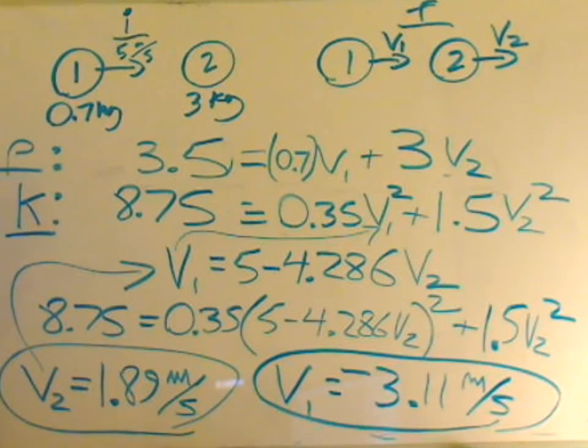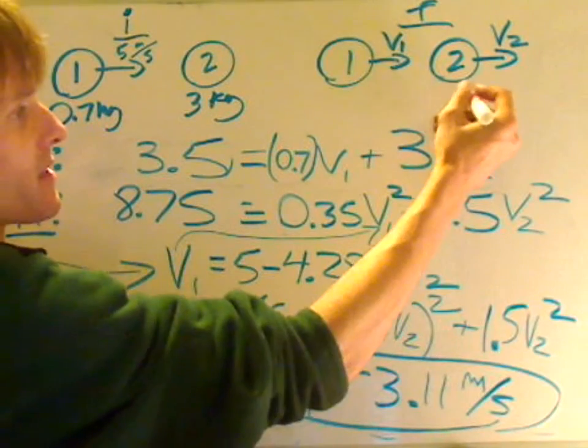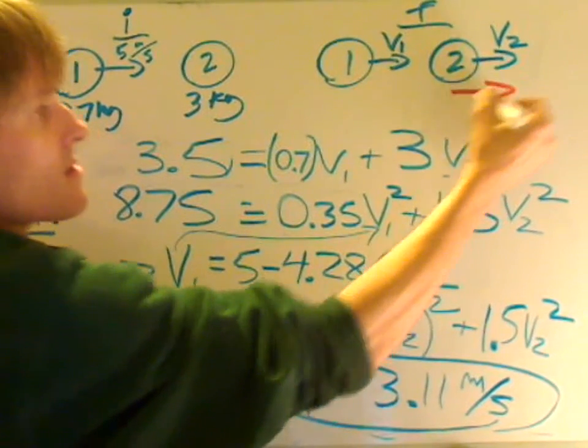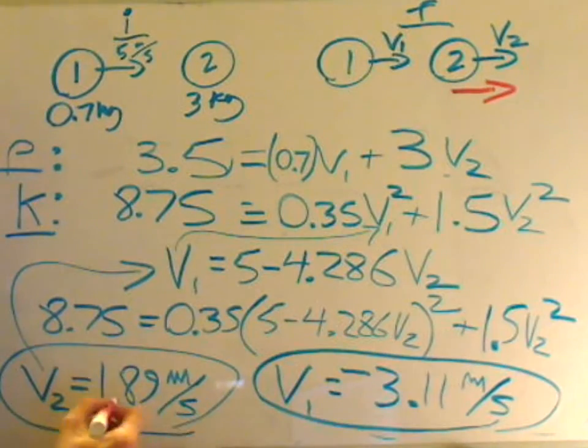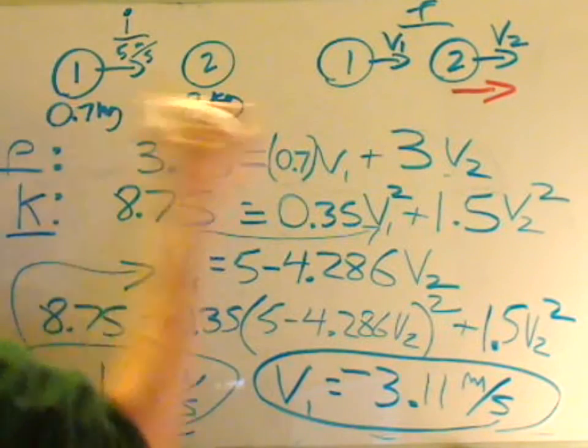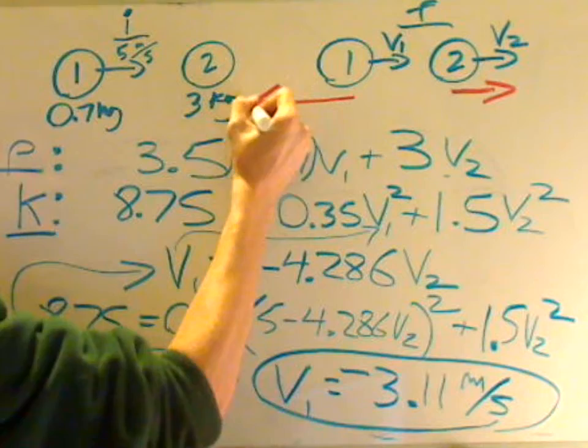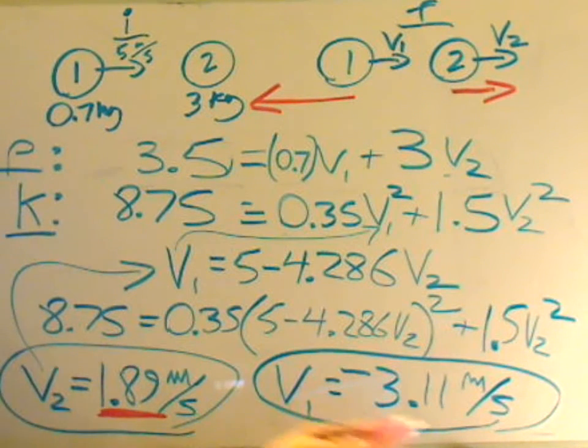So there's our solution. In this collision, ball 2 does move this way at 1.89 meters per second, but ball 1 bounces back, moving this way at 3.11 meters per second.